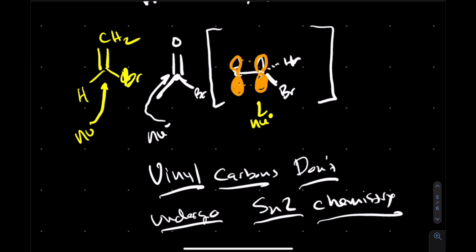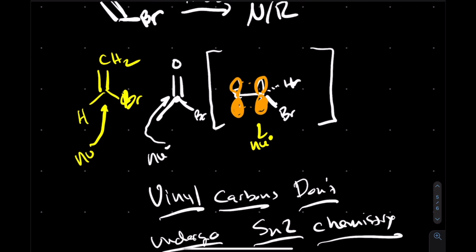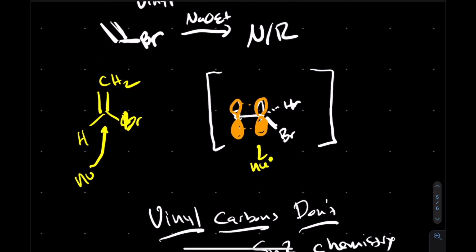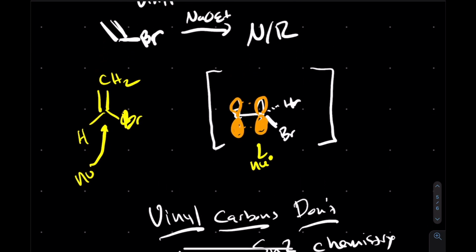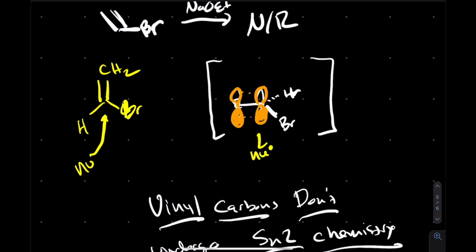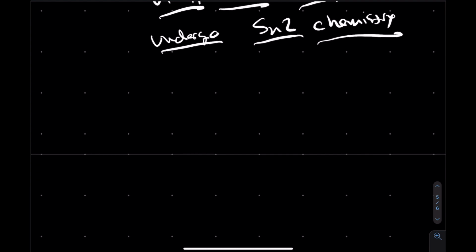And some of them require a lot more energy, some of them don't, but the point is that they don't undergo SN2 type transition states, which means that by virtue of the fact that there's no way to stabilize a cation on here, vinyl carbocations are trash, all right? So you don't form vinyl carbocations. That's your other lesson. Now, what does this mean in terms of reactivity?